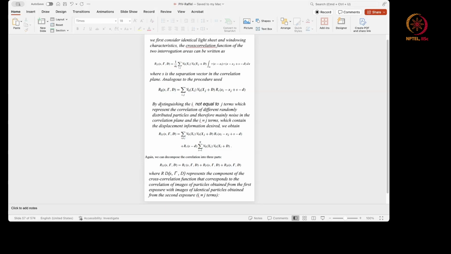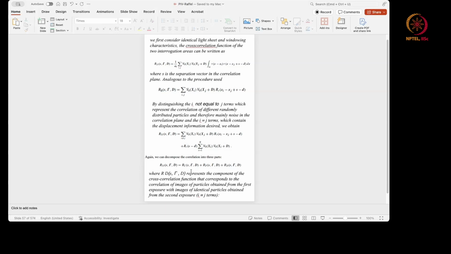By distinguishing the I not equal to j terms, which represent the correlations of differently randomly distributed particles and therefore mainly noise in the correlation plane, and then the I equal to j terms, which contain the displacement information, we get these two values. One is I not equal to j, which is the correlation of differently randomly distributed particles and mainly noise. The other is the I equal to j terms.